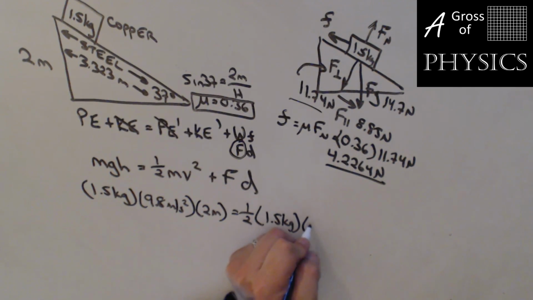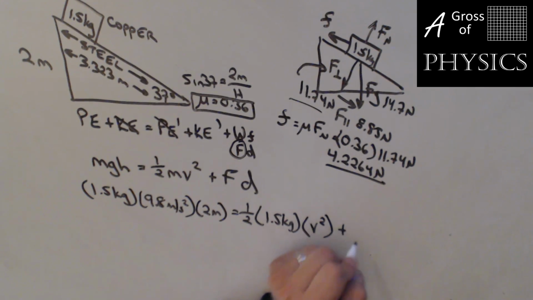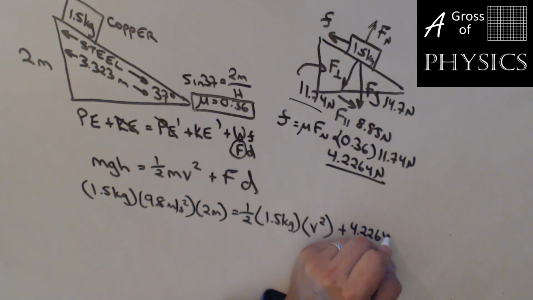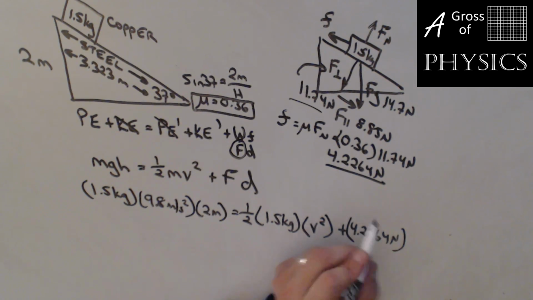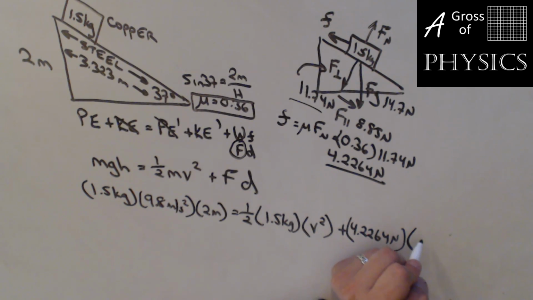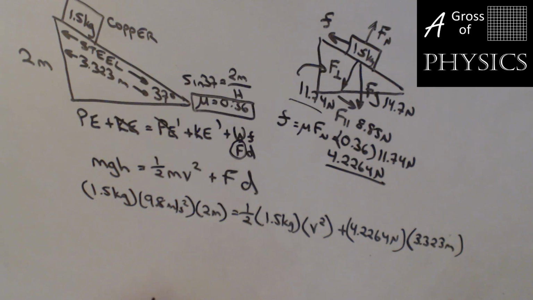V squared, I don't know, that's what we're looking for. Plus friction, which is 4.2264. And the distance it acts is the full 3.323 meters. Now, if we look, there's only one unknown, and that's your V.